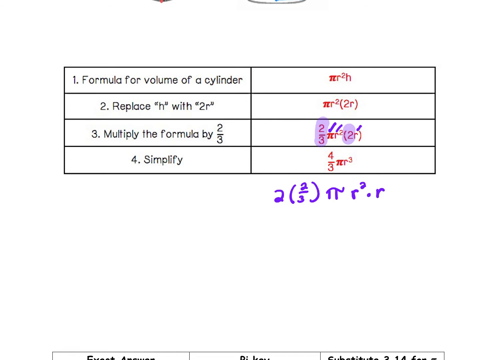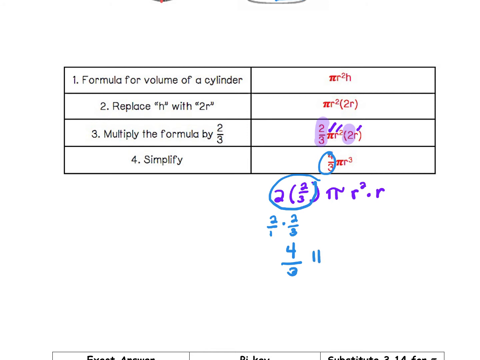And so if you've been working on our exponent section, you might know what we need to do next. So let's take it piece by piece. Let's work with the rational numbers. Well, if you recall, when we multiply a whole number times a fraction, we want to convert the whole number to a fraction, and 2 times 2 would be 4, 1 times 3 would be 3, and that's where the 4/3 came from.